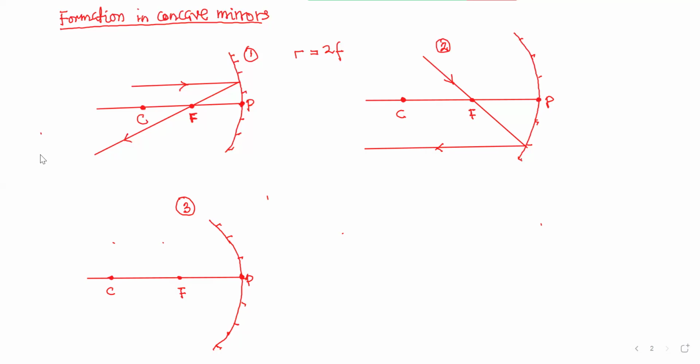A ray of light which strikes at the pole of the mirror must reflect with the same symmetry, so the same angle. So the moment the ray hits the pole of the mirror, it will reflect and be symmetrical.